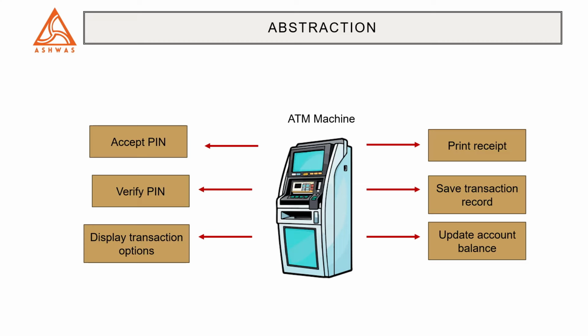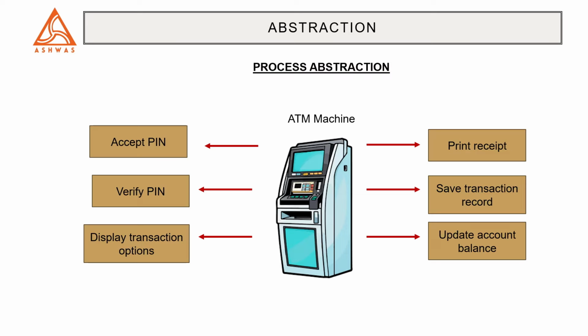No matter which function is getting executed, the user of the machine has no clue about the nitty-gritties needed to complete that function. Also, we design the functions in a way that they are in line with the ATM machine, and we do not incorporate any other over and above functions, processes, or methods.